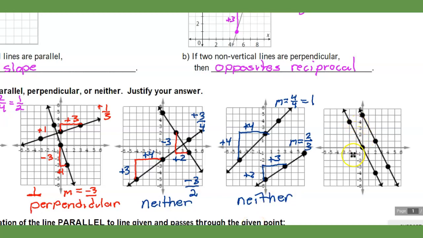Okay. Lastly, definitely they look parallel, but check both slopes. Down 4 over 2. Down, is that 4? 2, 3, 4? Yeah, it looks like it. So down 4 over 2.